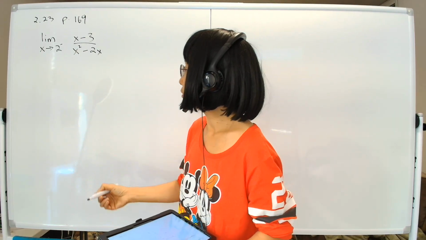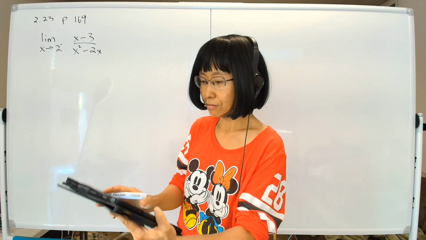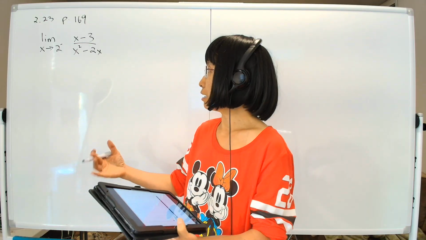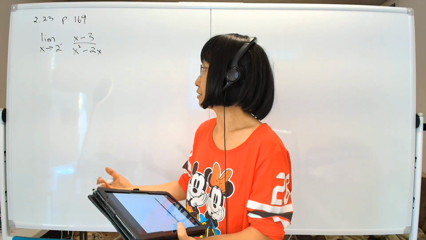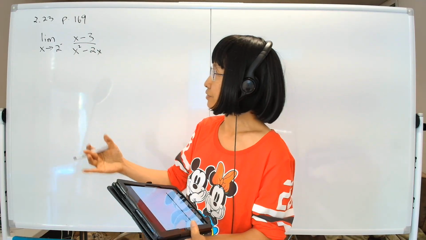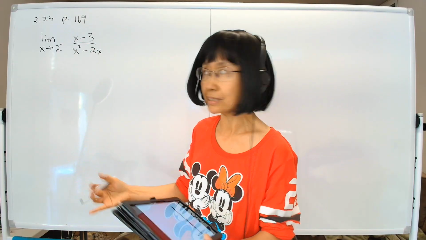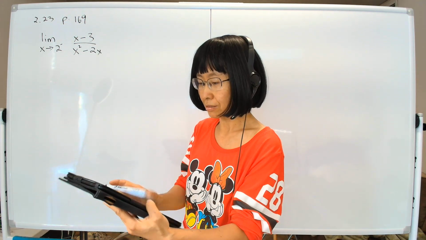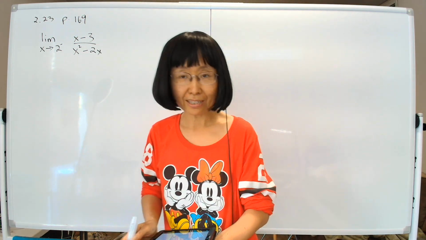So what your book wants you to do is just figure out which way it's going, because when you're dividing by 0, it's going to infinity, well, positive or negative infinity is what you're looking for.